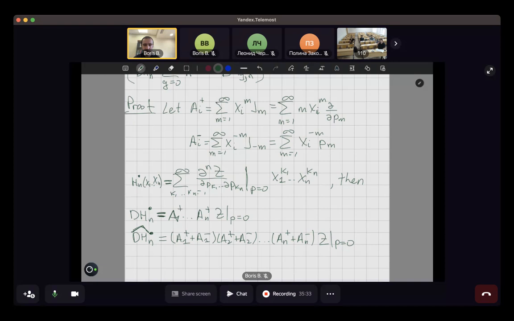So the next step 2. In fact, in topological recursion, maybe you remember, we have a spectral curve with, say, some function x of z and y of z.